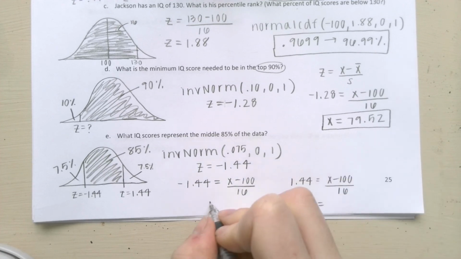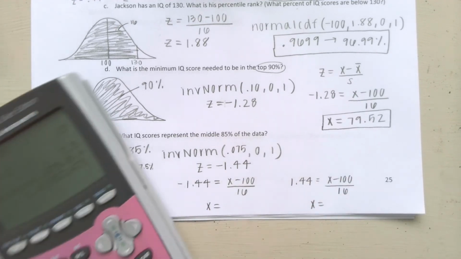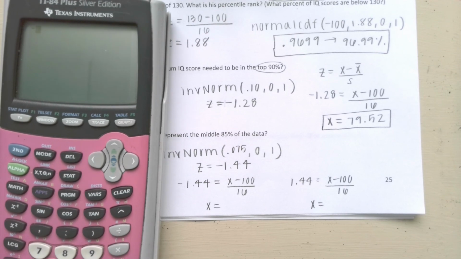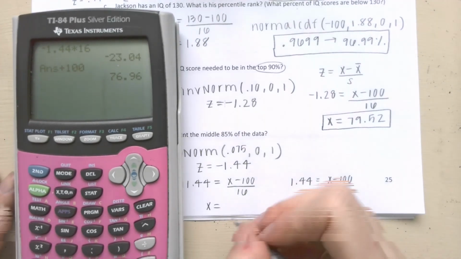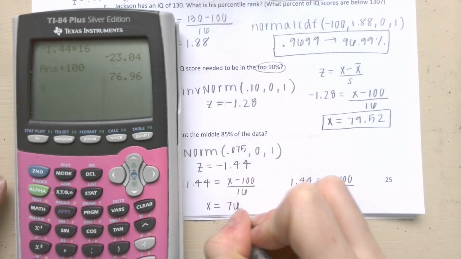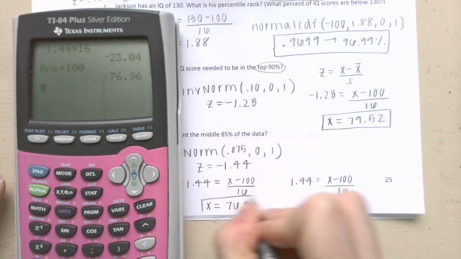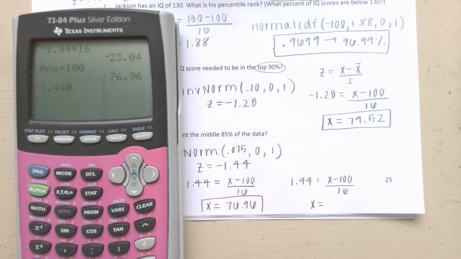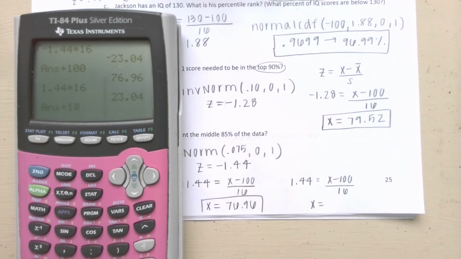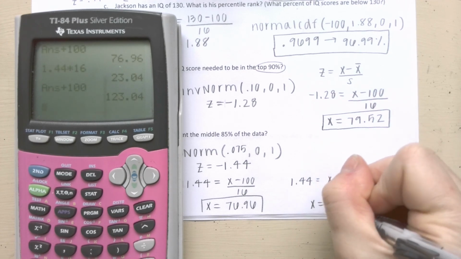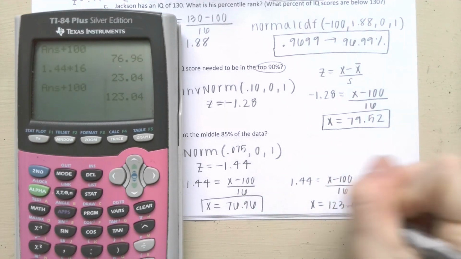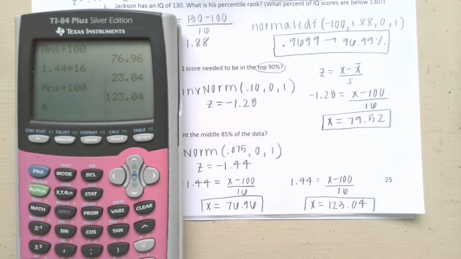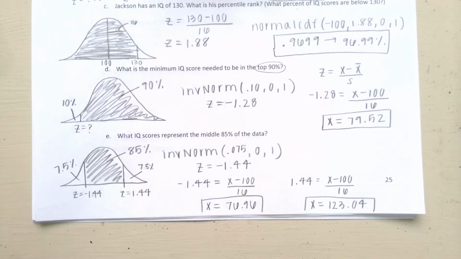I'm going to do some work in our calculator here to find those IQ scores. So for the lower one, I got 76.96. And let's do that upper. 123.04. So those are the two IQ scores that would cut off the middle 85% of our data.